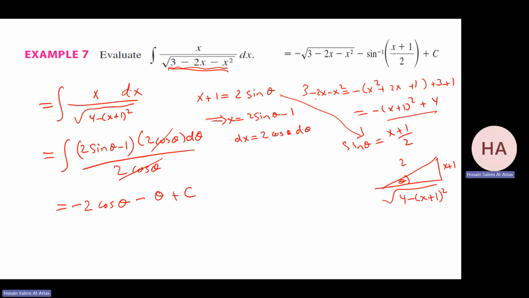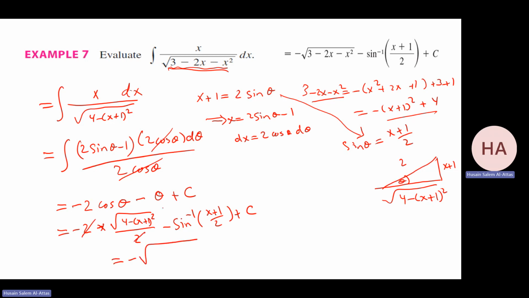So that will be minus 2 times cosine, which is the adjacent over 2, minus sine inverse of (x plus 1) over 2. This cancels, and I can write it: minus the square root of 3 minus 2x minus x squared, minus sine inverse of (x plus 1) over 2, plus c.